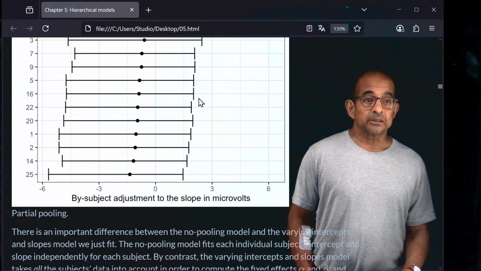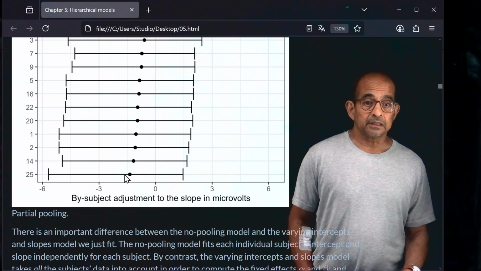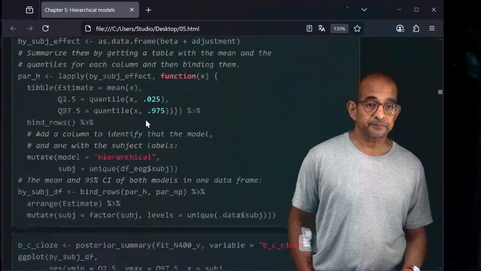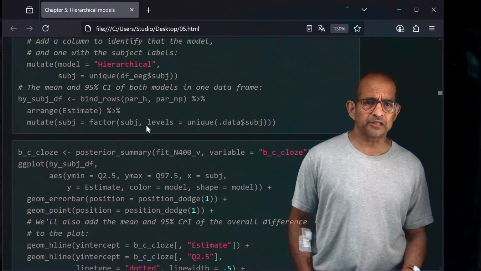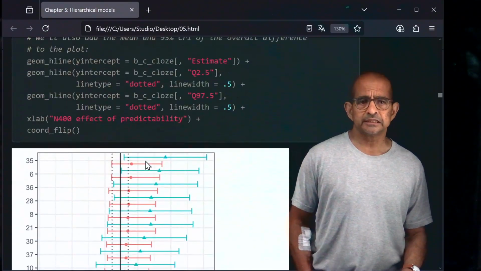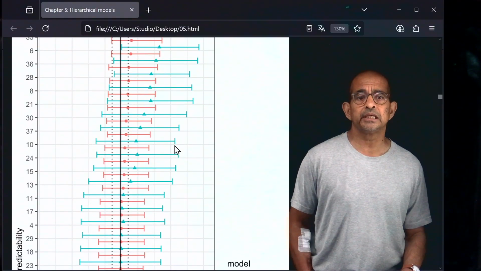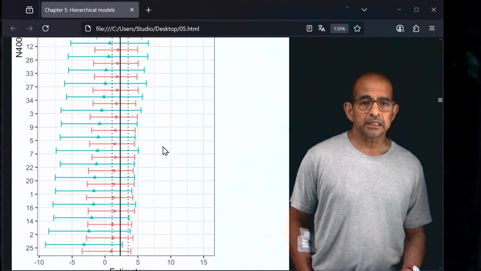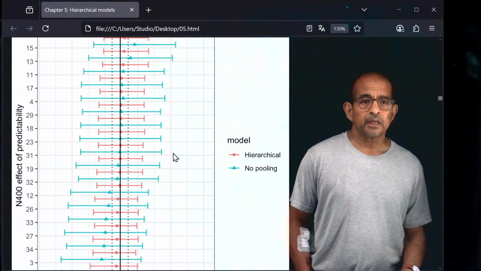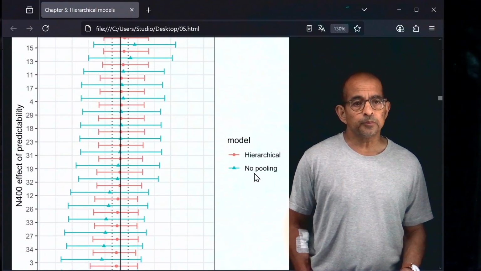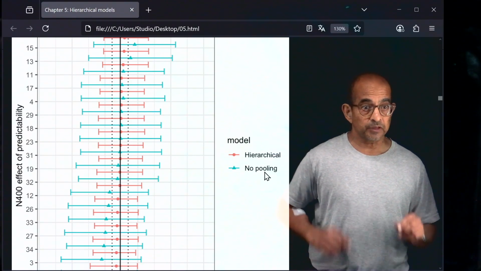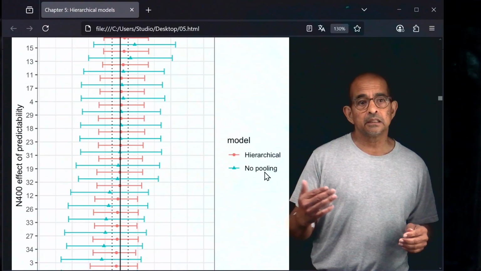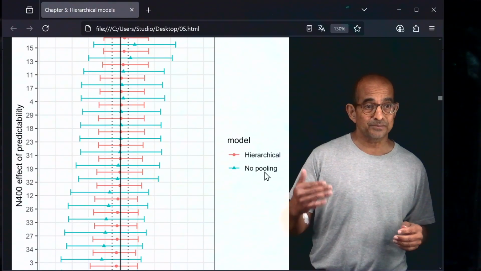So this is to appreciate what these numbers actually are telling you. I want you to compare. This is just code. I don't need to talk about this code because this is just producing the figure that I'm showing you here. What I'm showing you now is a comparison between the no pooling model estimates for each subject, where we fit the model separately for each participant, and the hierarchical model's estimates for each subject.